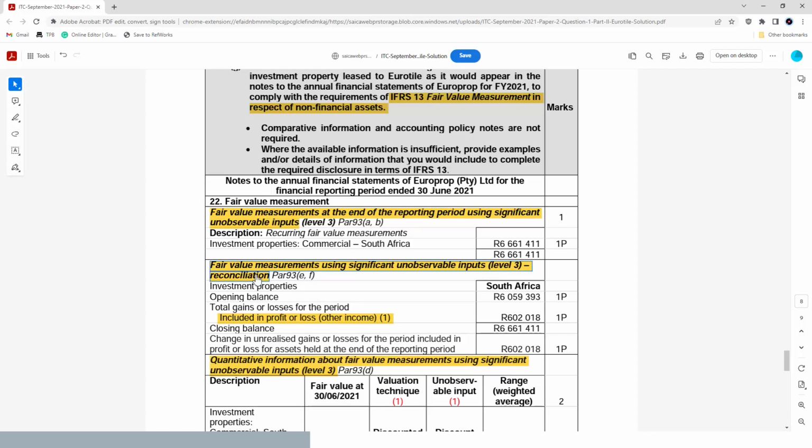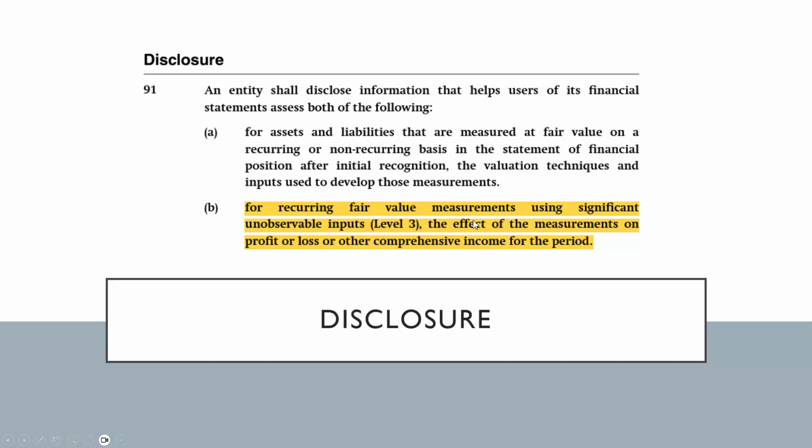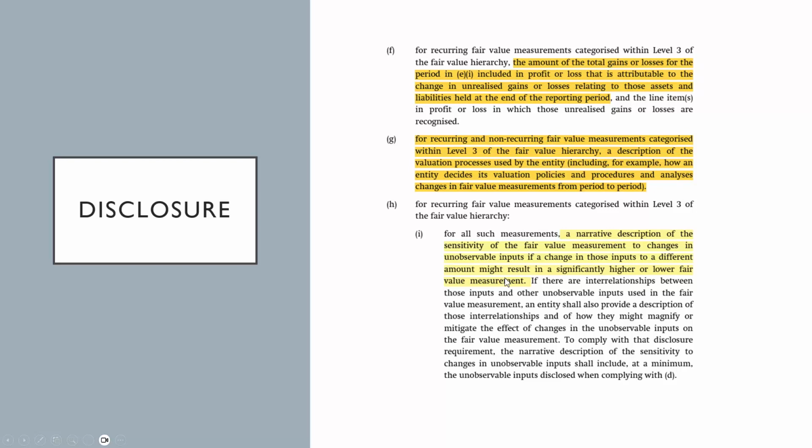Going back now. Now you need to provide a narrative description of the sensitivity of the fair value measurement to changes in unobservable inputs. So remember I spoke about the protest. So obviously the unobservable input into the measurement of fair value is highly susceptible to qualitative factors such as violent protests in the area.